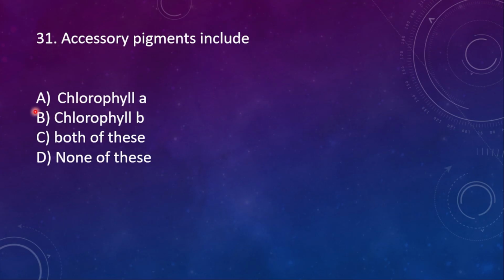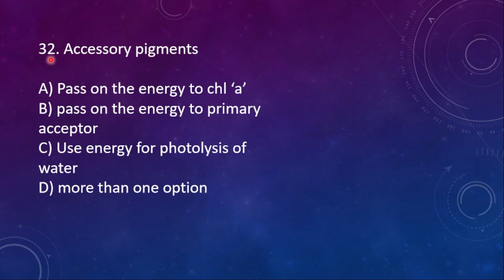31st question. Accessory pigments include: A, chlorophyll A; B, chlorophyll B; C, both of them; D, none of these. Here the right option is chlorophyll B. Only chlorophyll A is the necessary pigment, whereas B, carotenoids, and xanthophylls are the accessory pigments. 32nd.